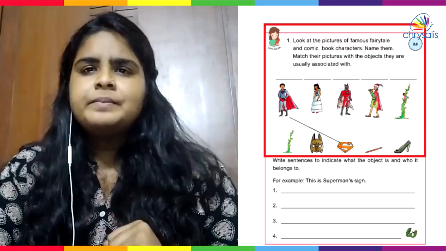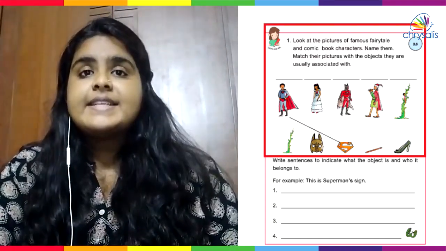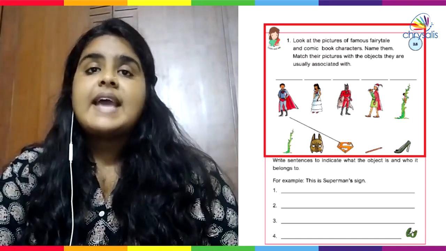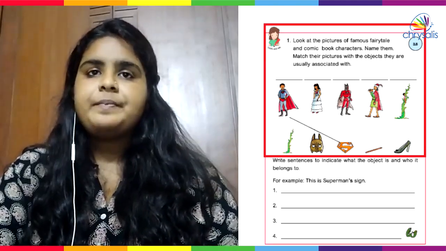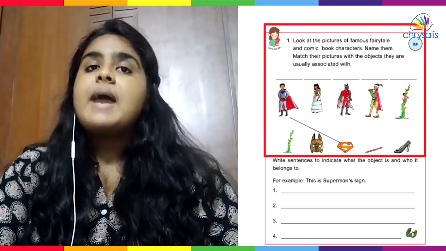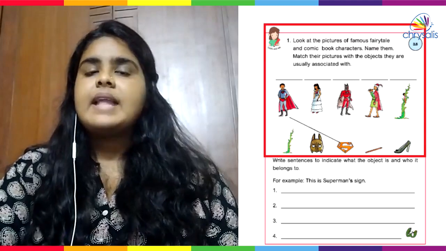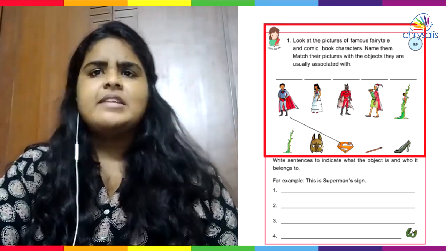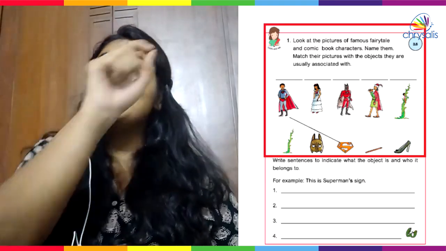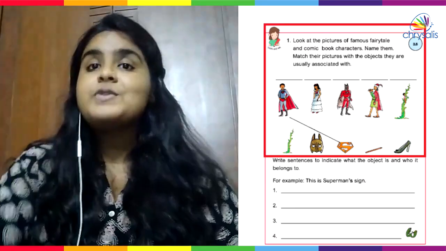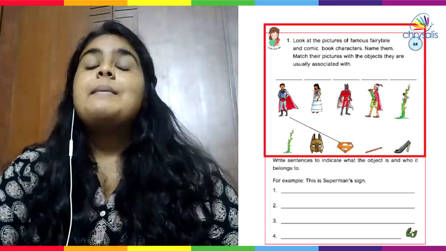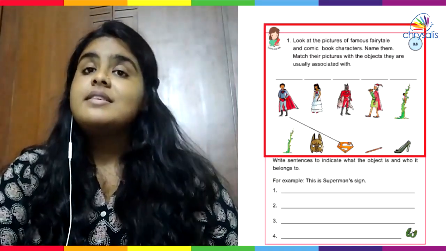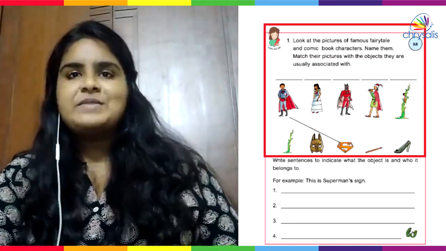For example, identify the character and write the name of the character in the space provided. Now, match the object that they possess. Jack is associated with the beanstalk. Draw a line from Jack to beanstalk to match it. Match the characters the same way with the objects that they have.